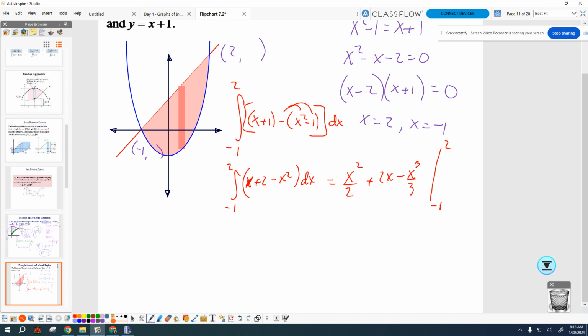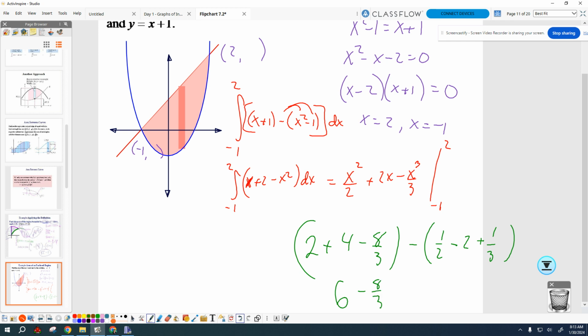So plug in the 2: 2 squared divided by 2, plus 2 times 2, minus 8/3, and then minus positive 1/2, minus 2 plus 1, plus 1/3. 6 minus 8/3, and this becomes negative 3/2, but adding 3/2, but subtracting 1/3, looks like 4.5.